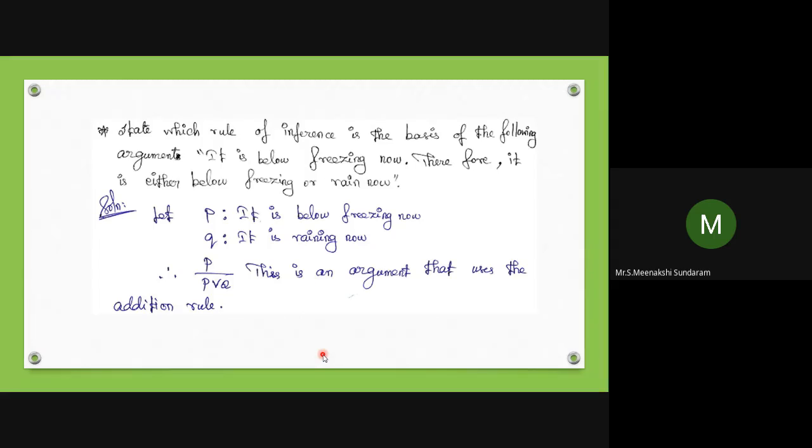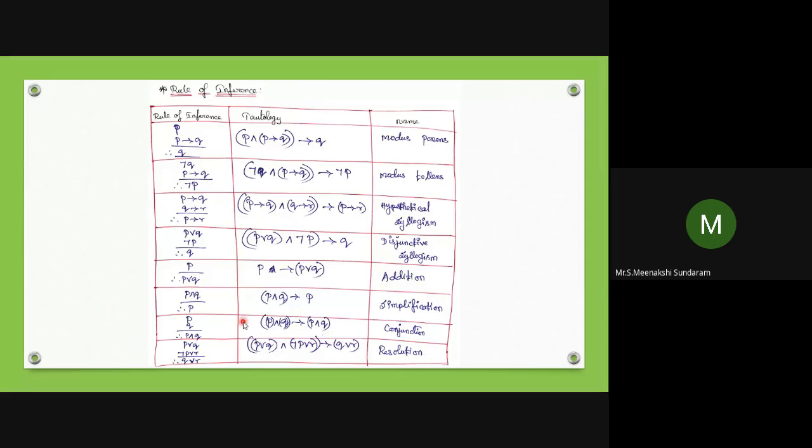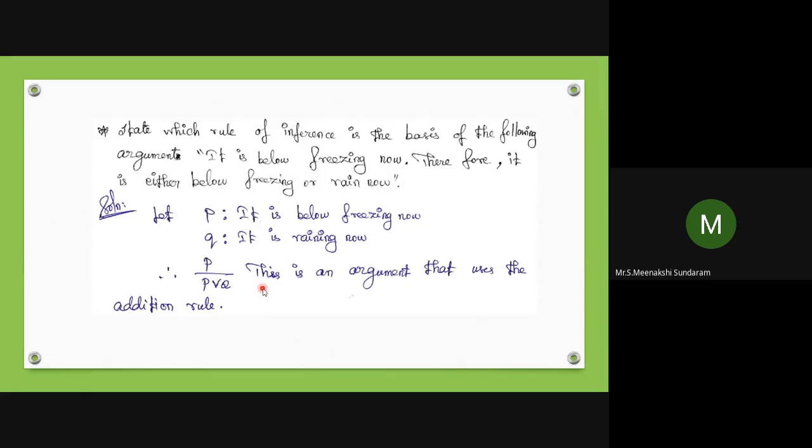So now I can take this as addition, P disjunction Q. This argument uses addition, because to the term we add a disjunction. Using the addition rule, P disjunction Q I can write here.